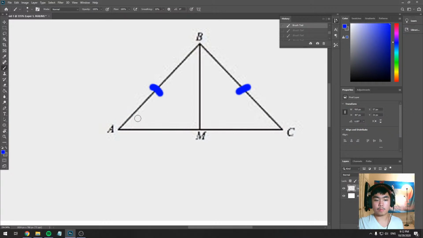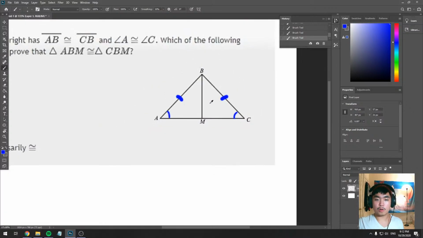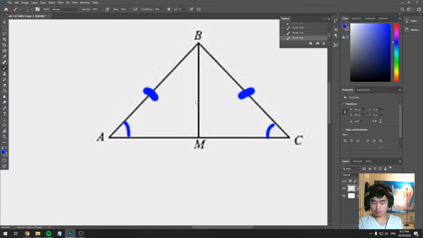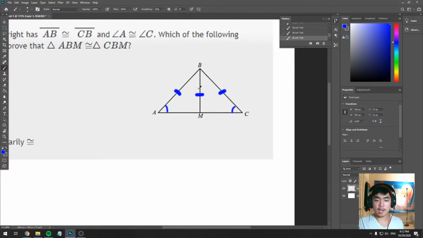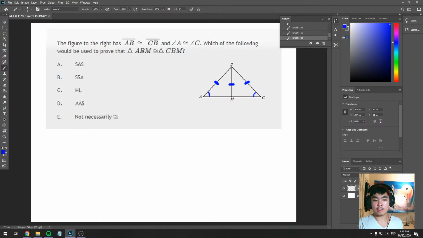Okay? Now, the third thing that the problem doesn't tell you, but you should automatically see, is that BM is a shared side on both triangles. Meaning they both have side BM, so they're congruent, right? Because it's the same side, it's the same length. So the question is, which of the following proofs would be used to prove that triangle ABM is congruent to triangle CBM?